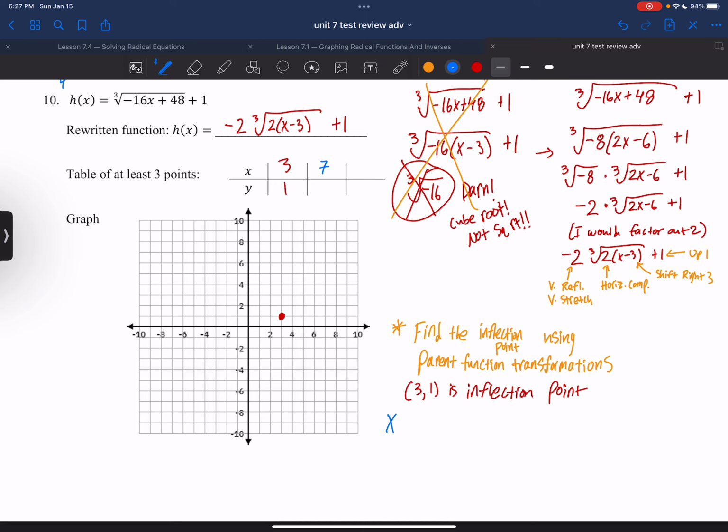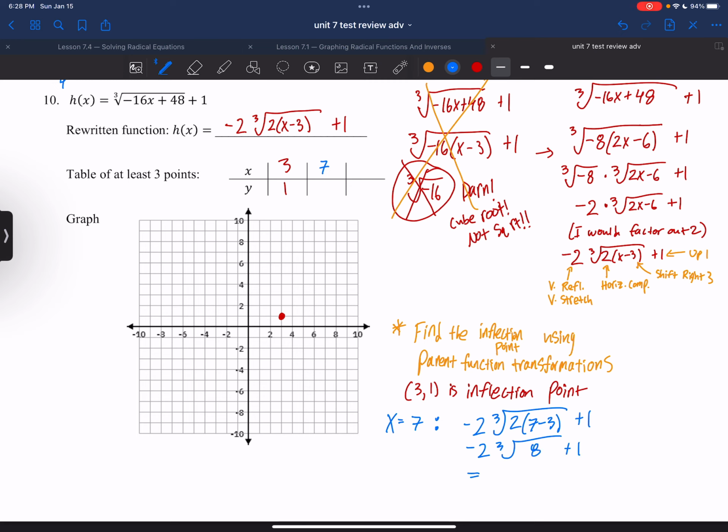So let's test x equals 7. That's negative 2 cube root of 2 times 7 minus 3, plus 1. That's negative 2 cube root of 2 times 4, which is 8, plus 1.